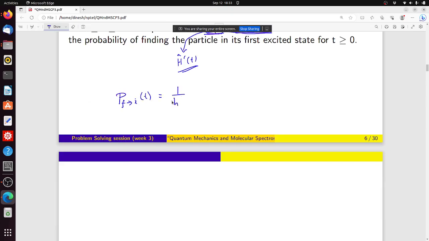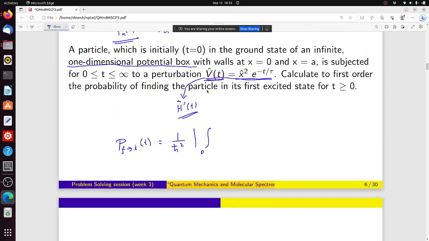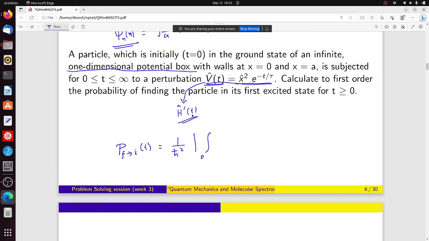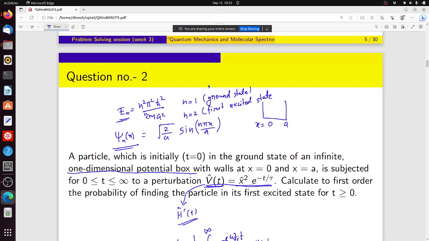This will be 1 over h cross square mod of integration, time goes from 0 to infinity, and e to the power i omega fi t, psi of 2. I am writing this final state as psi of 2 for n equal to 2, and this is psi of 1 for n equal to 1.